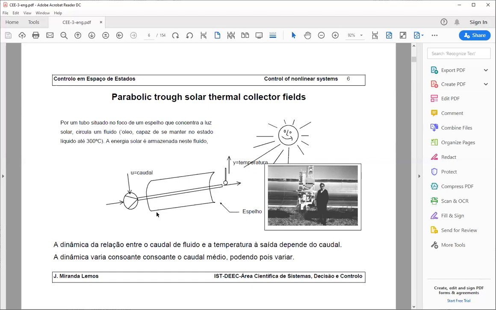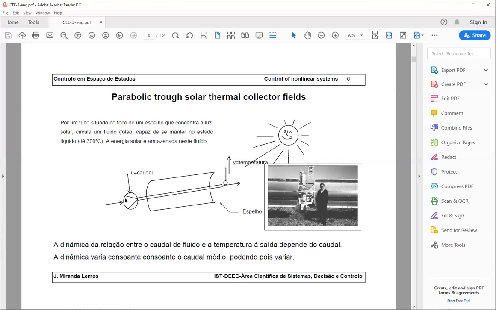It consists of a parabolic mirror that you see here, that points at the sun and concentrates solar rays along a pipe that flows at its focus.